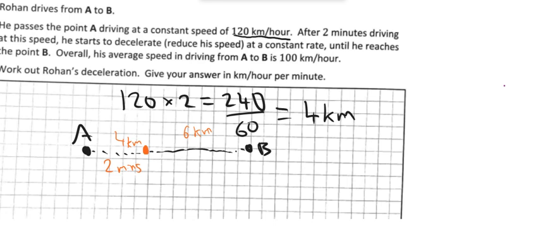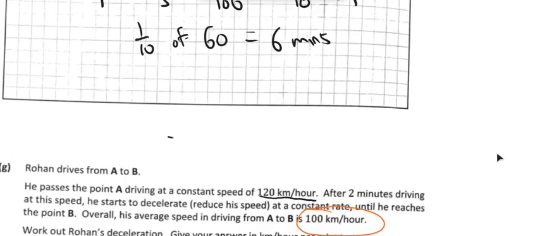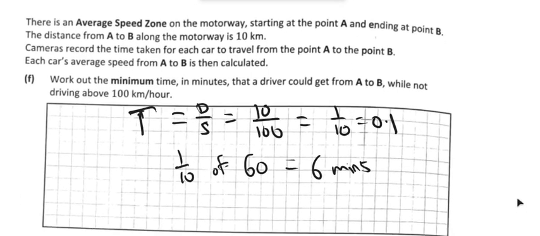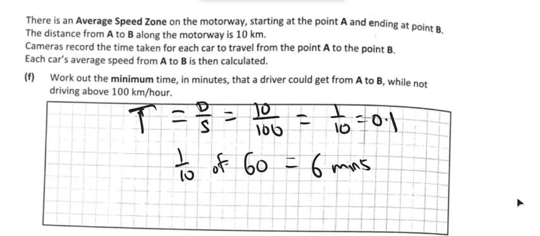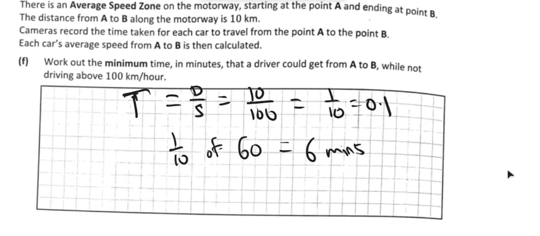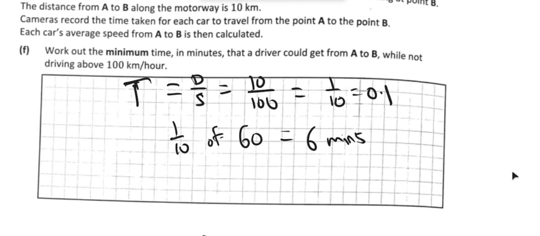If the average speed is going to be 100 kilometers per hour overall, then it has to take the same length of time as it did for the last part. And it took 6 minutes when they were just going 100 kilometers an hour all the time.